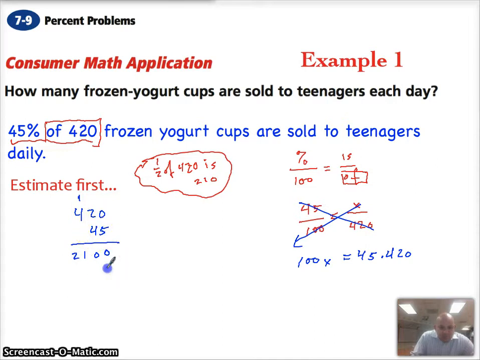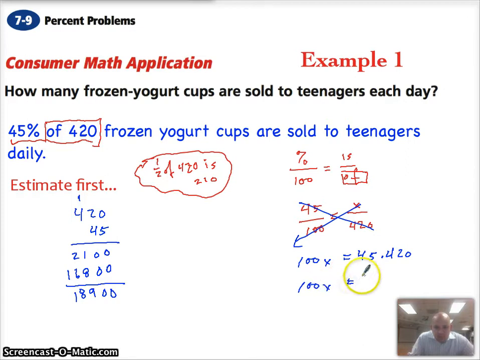Now I'm going to put the 0 down here as a placeholder. 4 times 0 is 0. 4 times 2 is 8. 4 times 4 is 16. 0, 0, 9, 8, 1. I have 18,900 at this point. So I'm going to go ahead and put that down.